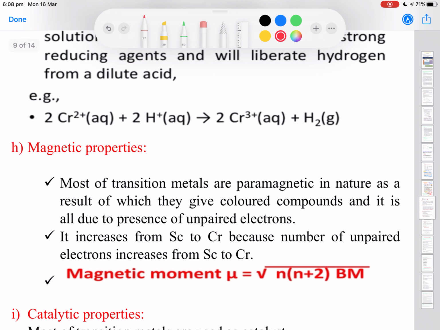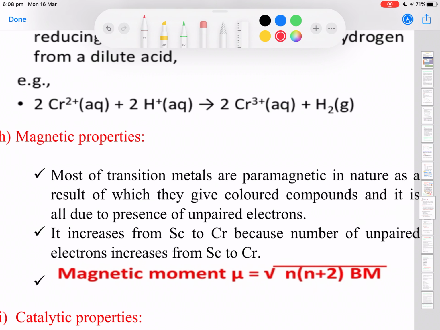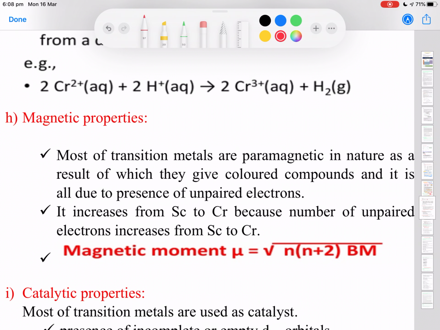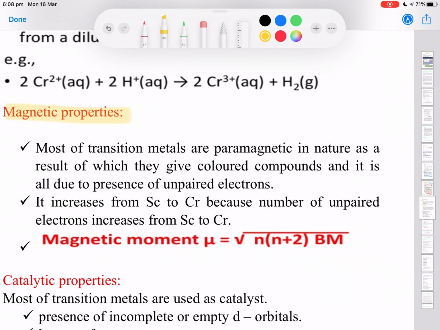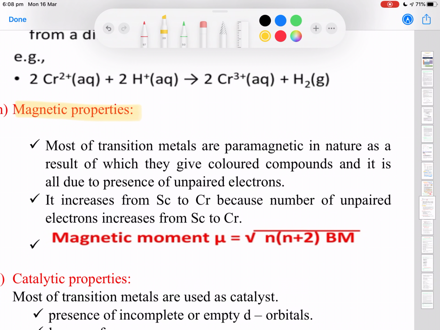Okay, let's discuss magnetic properties without wasting any more time. When we talk about magnetic properties, magnetism, you have learnt again in MO diagrams, that is molecular orbital diagrams, that if unpaired electrons are there, it's paramagnetic, and all molecules with paired electrons are said to be diamagnetic.